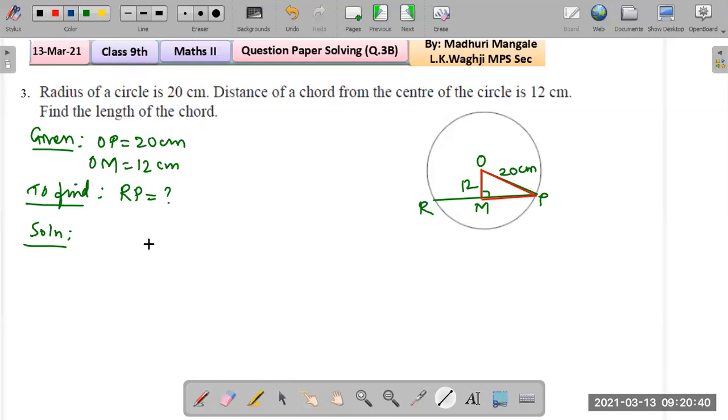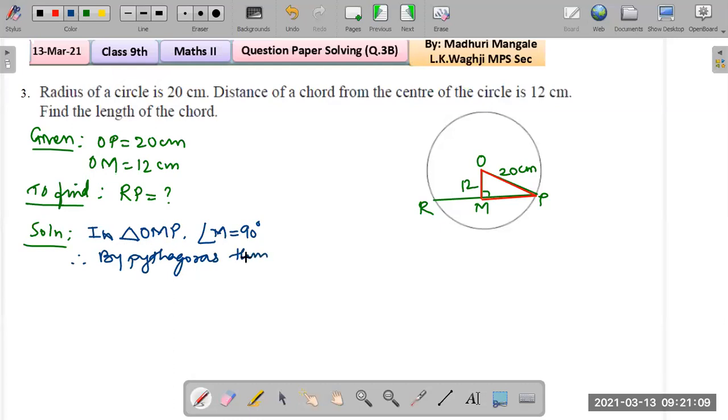So for the solution, we start with: in triangle OMP, we are going to use the Pythagoras theorem. So we have to mention where is the 90 degree. In triangle OMP, angle M is equal to 90 degrees.